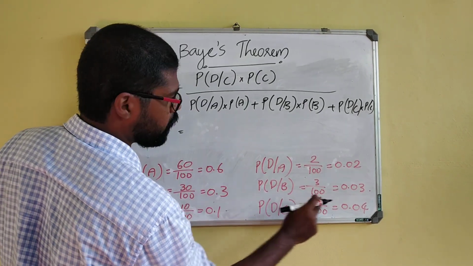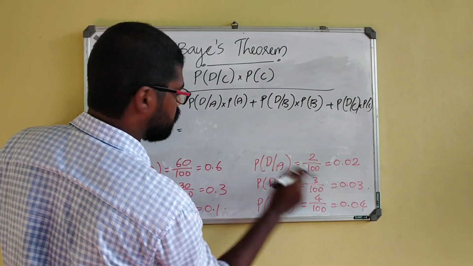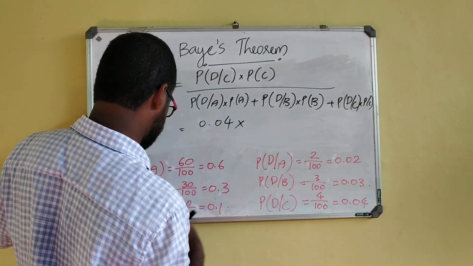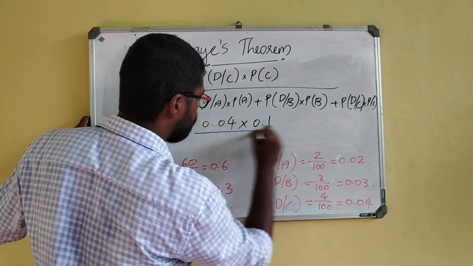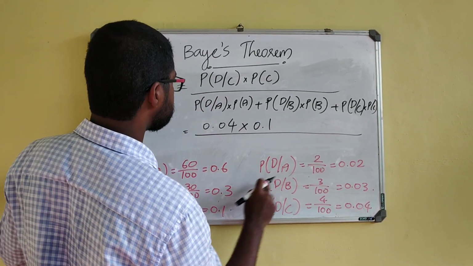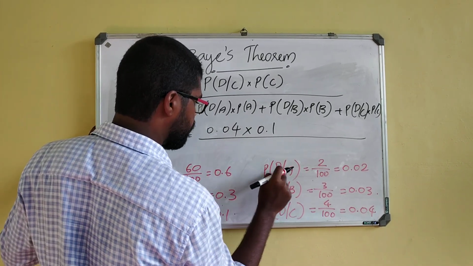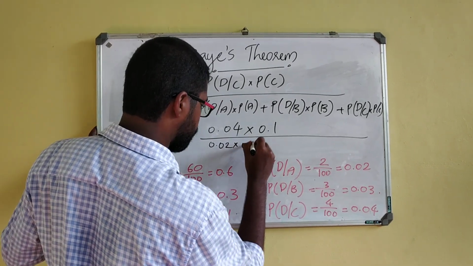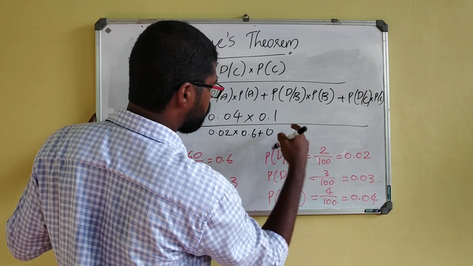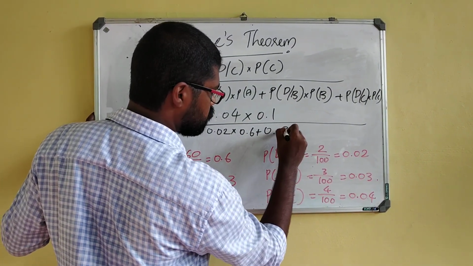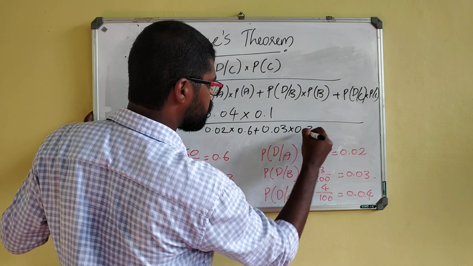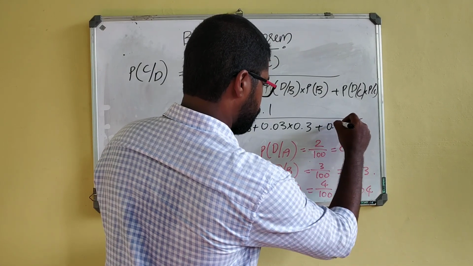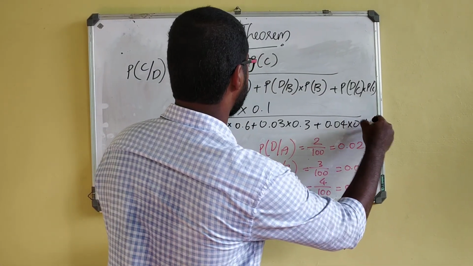That is, probability of defective given C is 0.04 into probability of C, which is equal to 0.1, divided by probability given A, which is 0.02 into 0.6, plus 0.03 into 0.3, plus 0.04 into 0.1.